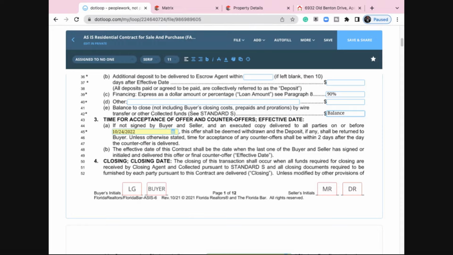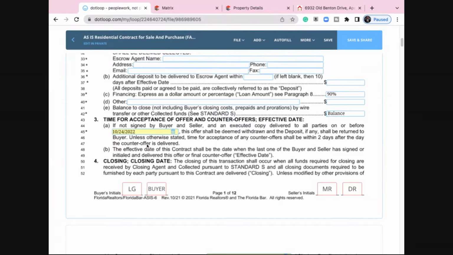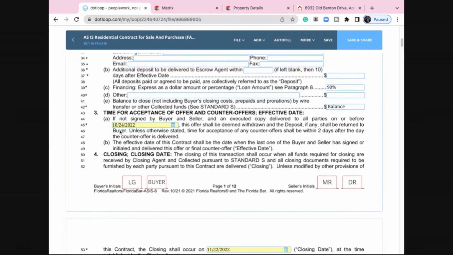Sometimes they may want more time to evaluate and accept the offer. And in some cases, the seller would say, hey, listen, I'm good, just send it over to me and I can get it back to you within 24 hours. So in this particular case, we're submitting the offer and we're giving them 48 hours to accept.